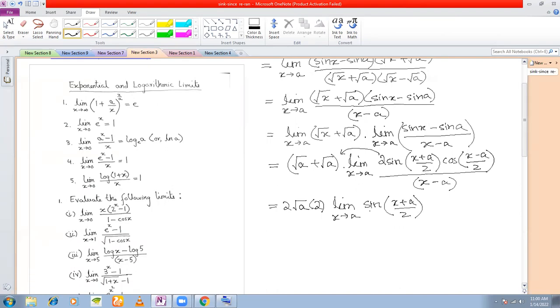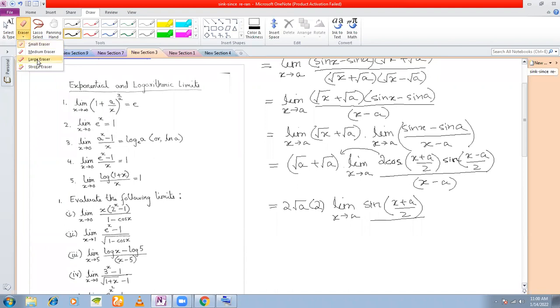Again, you split this into two parts. Sin minus sin, this should be 2 cos sin. I'm sorry, this should be cos. Sin plus sin is 2 sin cos, sin minus sin is 2 cos sin.